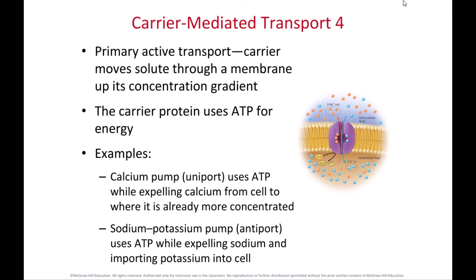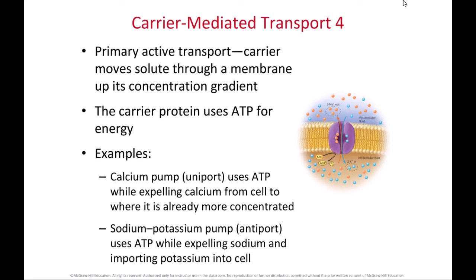We can also have primary active transport. When we look at primary active transport, that's going to move molecules across the cell membrane against the concentration gradient. Active transport moves against the concentration gradient and requires ATP. So these proteins that are moving chemicals against their concentration gradient are going to just very simply grab that molecule and push it across the membrane.